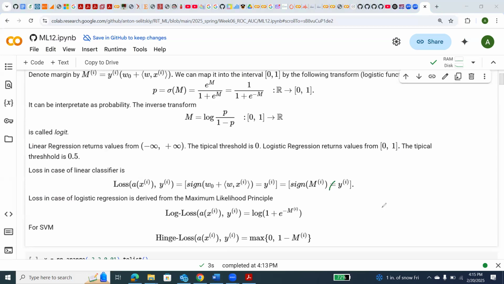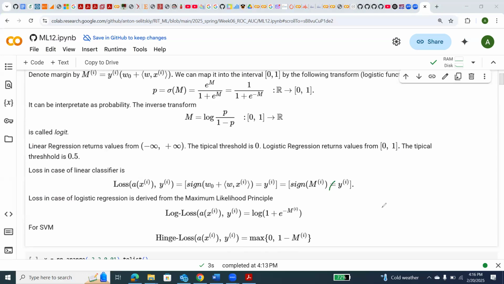Because we want to add one only for misclassification. So if our point is misclassified, then this condition will be true, and the Iverson brackets will result in one. We will add one to our loss.